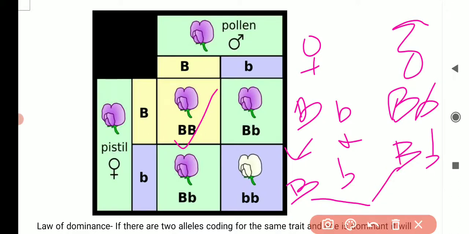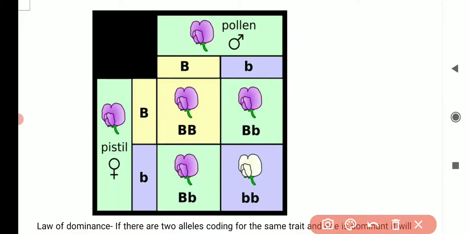So capital B will go with small b there. Then small b will go with capital B there, and then small b will go with small b there. So you are getting three purple appearing plants and one white appearing plant. So you can say that the gene that is for purple color is dominant to the gene that is for white color.